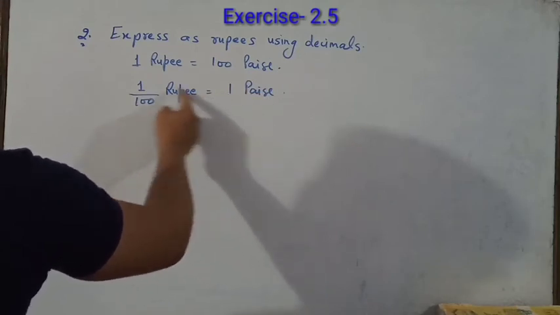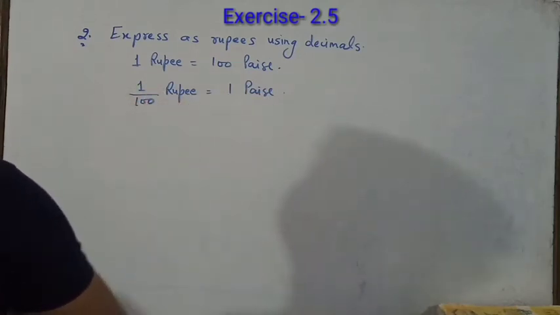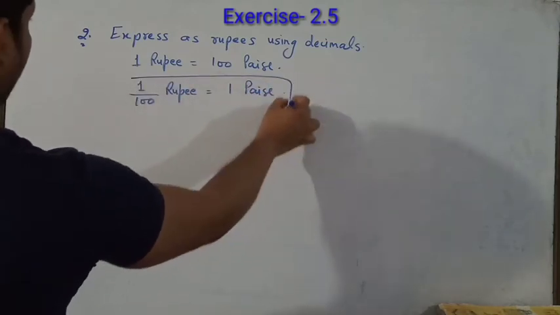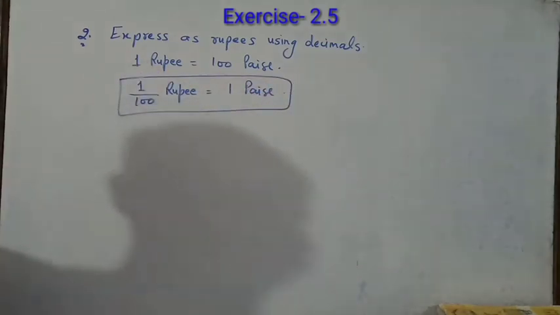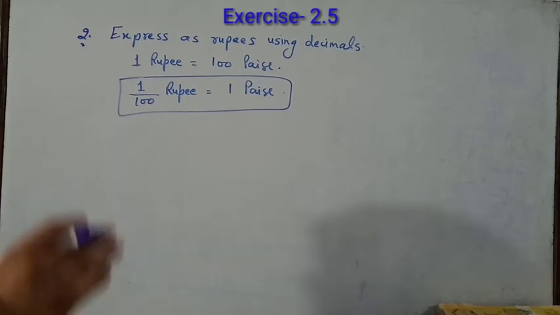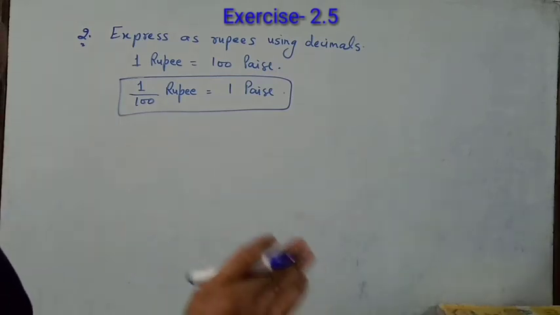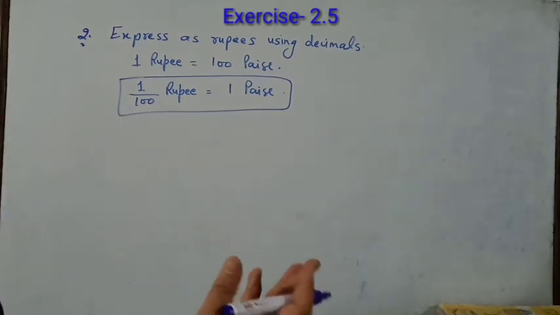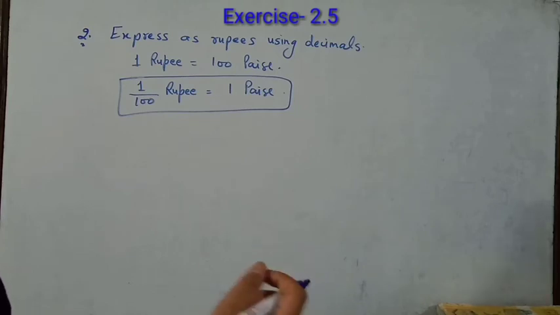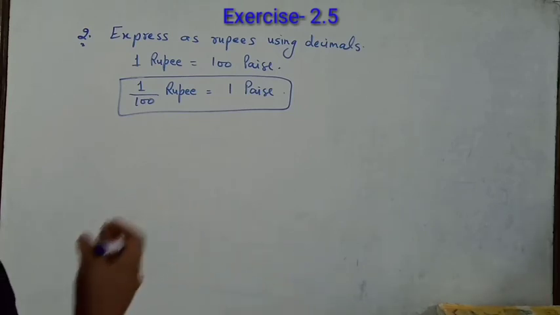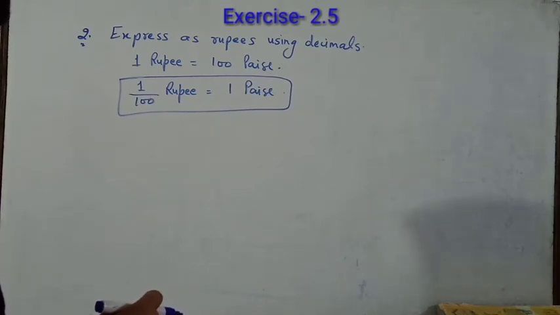So 1 paise is equal to 1 upon 100 rupees. It is important. The last students do not know how many rupees are in 1 paise.